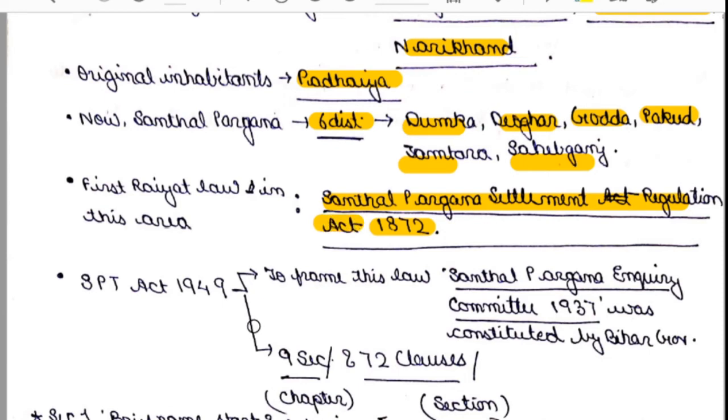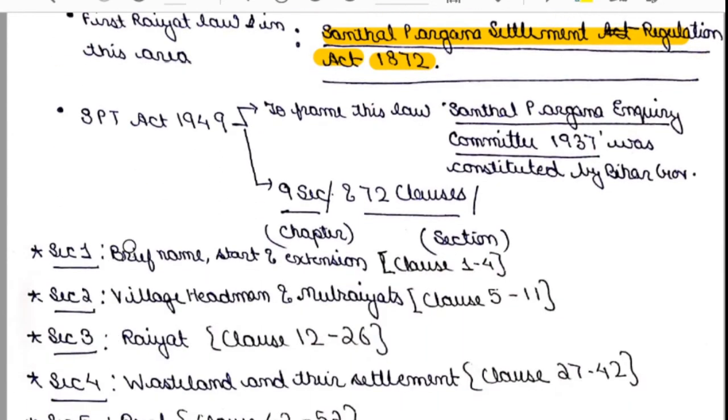Okay, now the SPT Act of 1949, it was framed in the year 1949, and to frame this law, Santhal Pargana Enquiry Committee was constituted by the Bihar government in the year 1937.